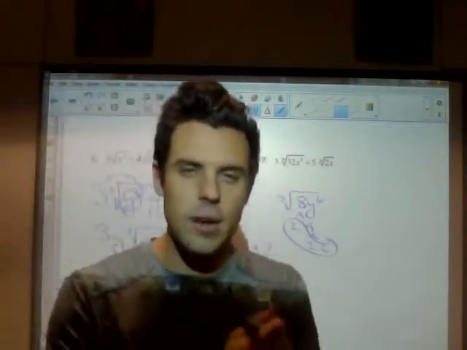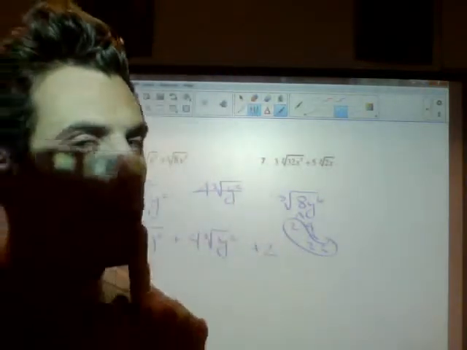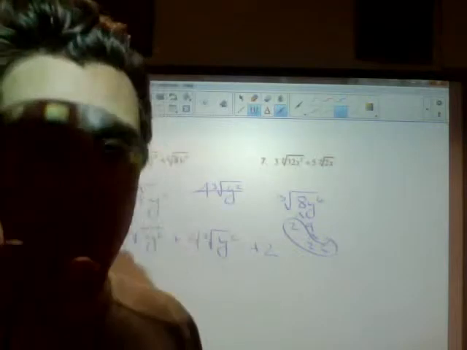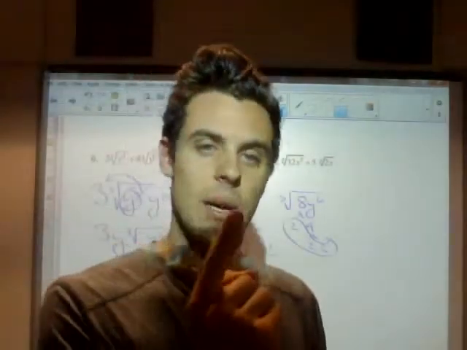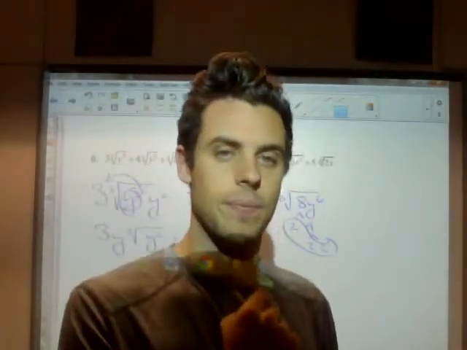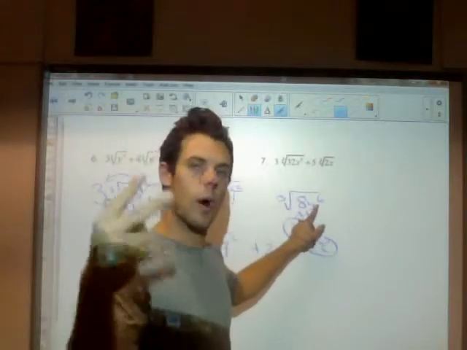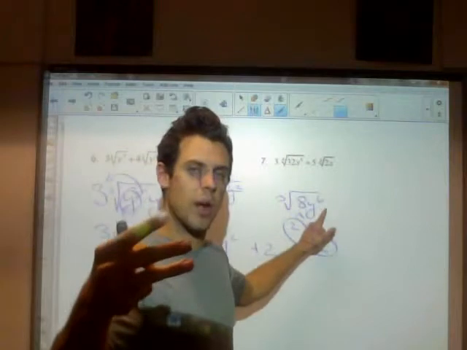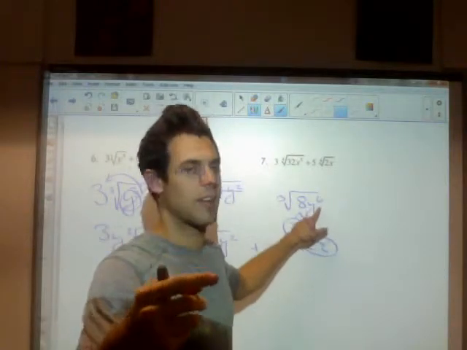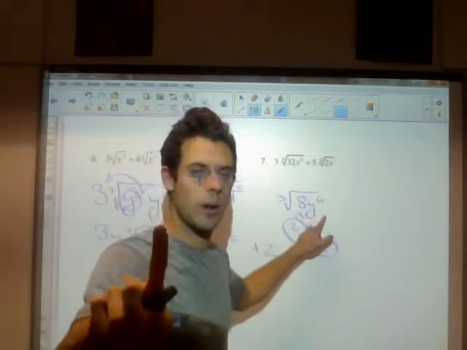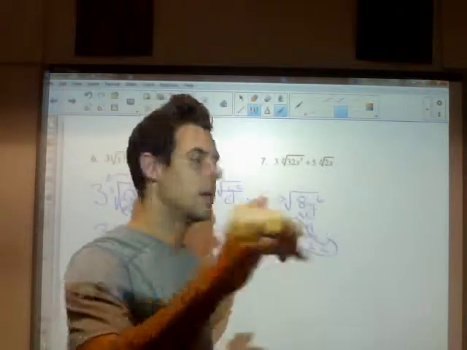Why to the 6th? Well, y to the 6th, I need 3 of something to take 1 out, but I've got 2 threes of somethings. I got y squared, and y squared that make up y to the 6th. If I get 3 of something, I get to take 1 out, so 1 y squared gets to come out.